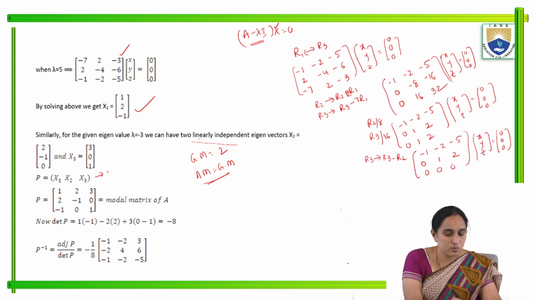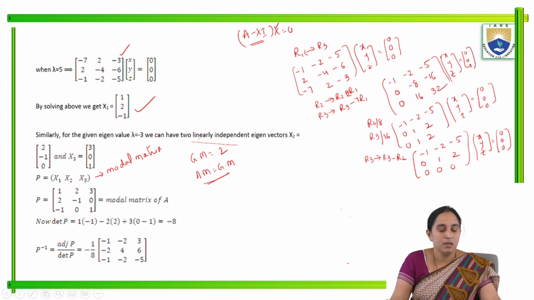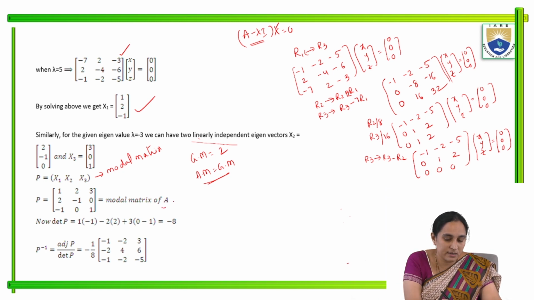This matrix is called the modal matrix. Write x1, x2, x3 column-wise. The first one is 1, 2, minus 1, the second one is 2, minus 1, 0, and the third one is 3, 0, 1. This matrix is called a modal matrix.